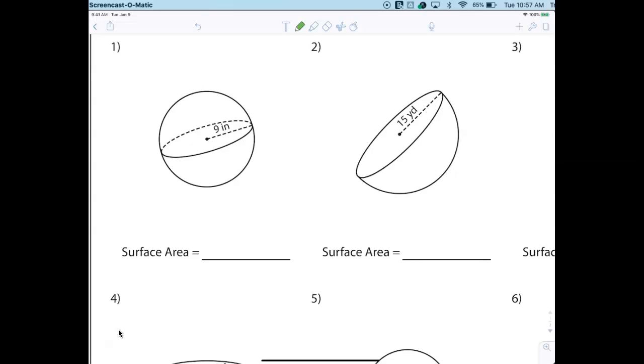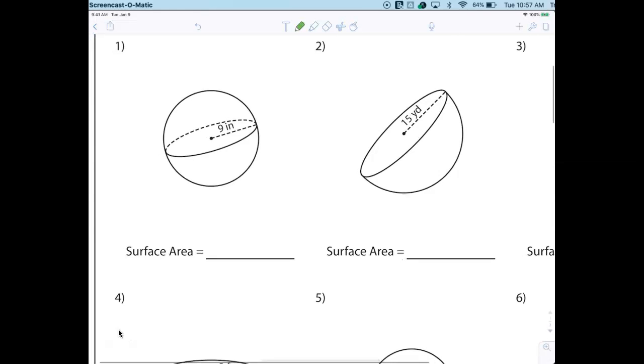All right, simple day. But I'm trying to get you to understand why, Nathan, the surface area of a hemisphere is not pi r squared or 2 pi r squared. And she just said, well, if you slice it, then it creates this right there, and that becomes part of the surface of the hemisphere.